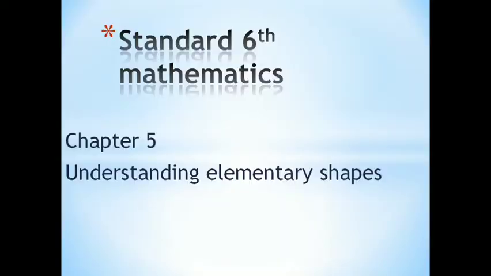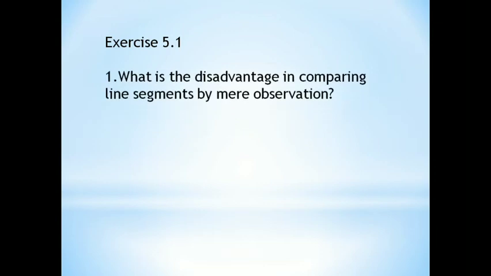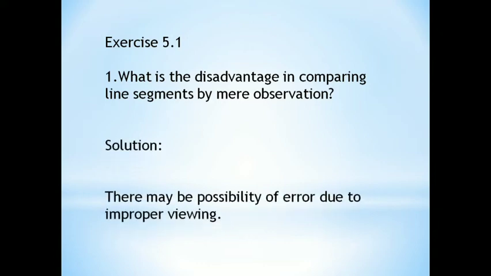Now we will start to solve our first exercise of chapter 5, Understanding Elementary Shapes. Exercise 5.1. The first question is, what is the disadvantage in comparing line segments by mere observation? The solution is, there may be a possibility of error due to improper viewing.